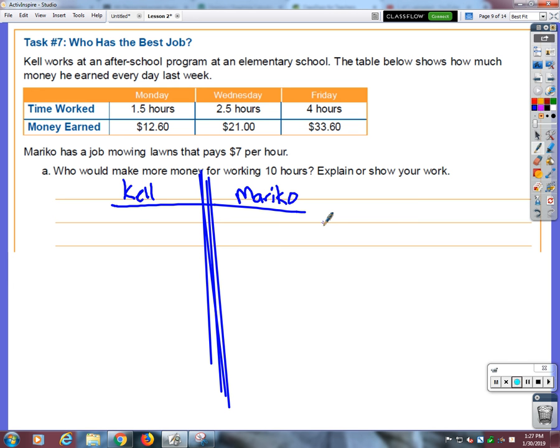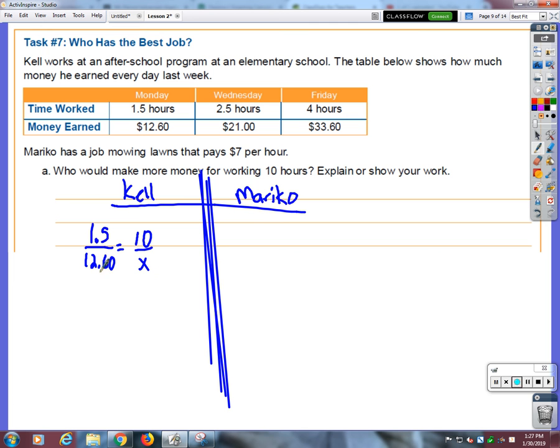We could set up a proportion? You bet. So for Kel, do you care which one of these we use for our proportion? Okay, so we know that if he works 1.5 hours, he gets $12.60. And so we need to figure out how much money he would get if he worked 10 hours, right? So how do you solve these proportions?